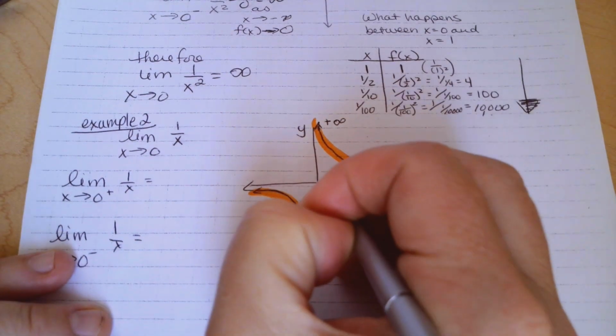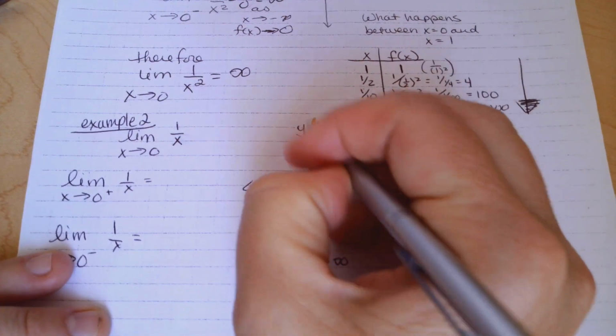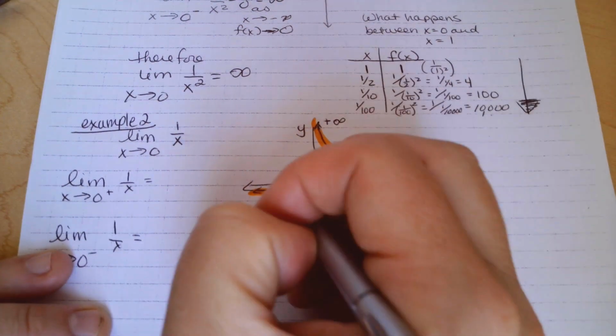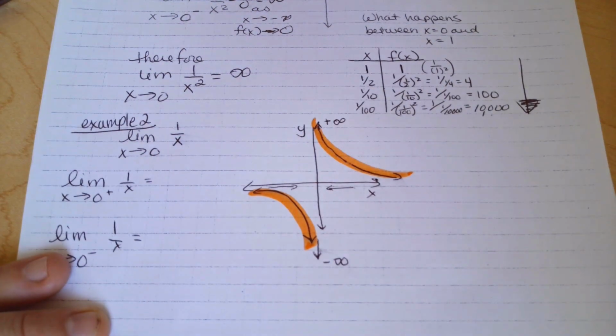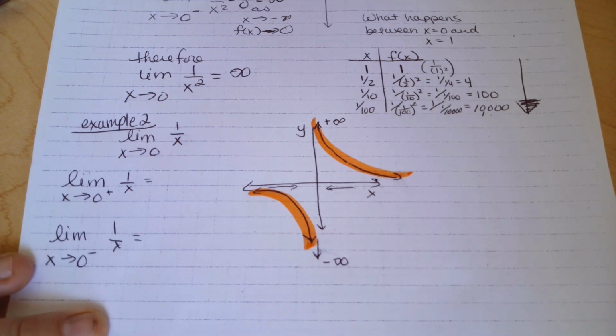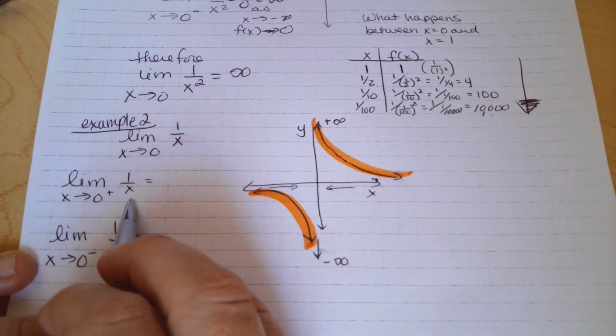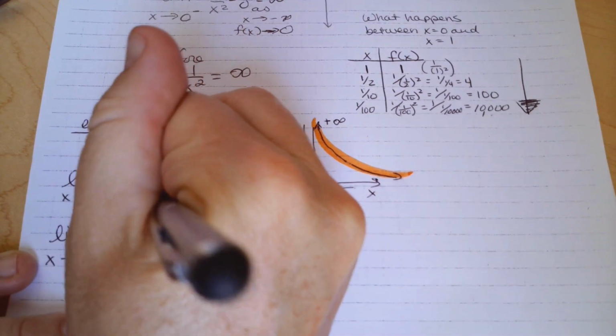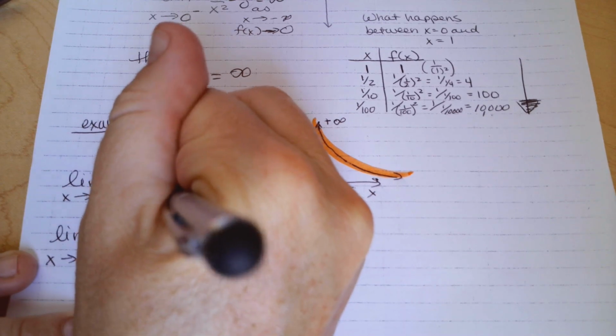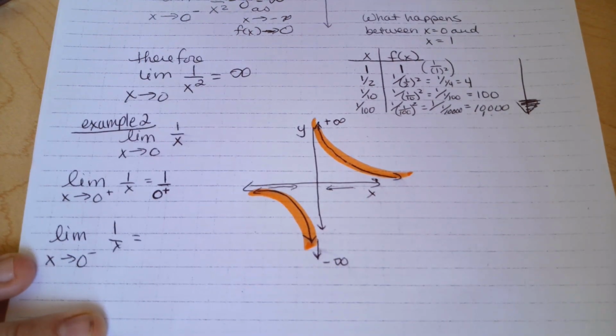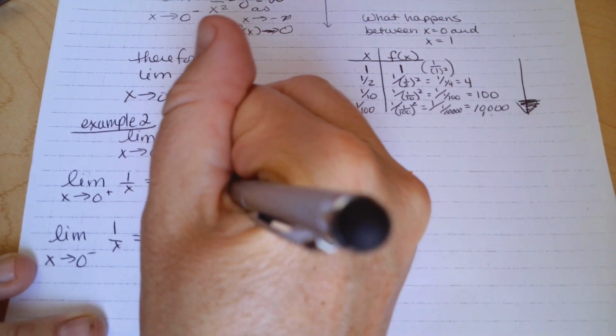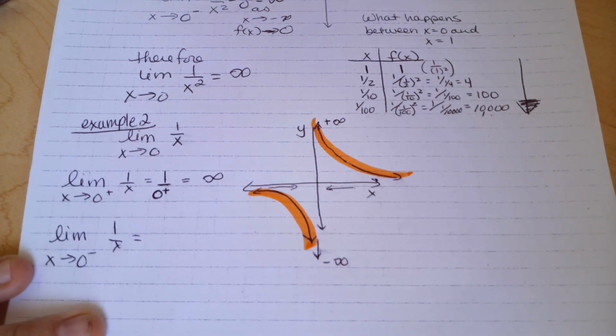As I travel in this direction, I am not ending up in the same place as I do if I travel from that direction. Now, algebraically, to do this, what I can say is here, I'm putting in a 0 from the right-hand side. Okay, so that's going to go to my positive infinity.